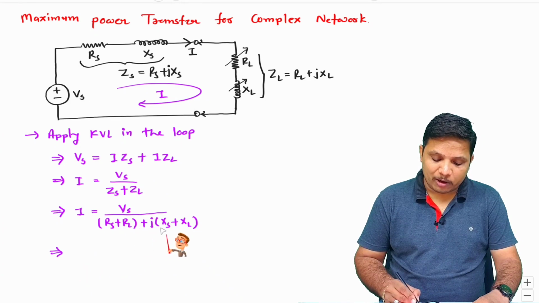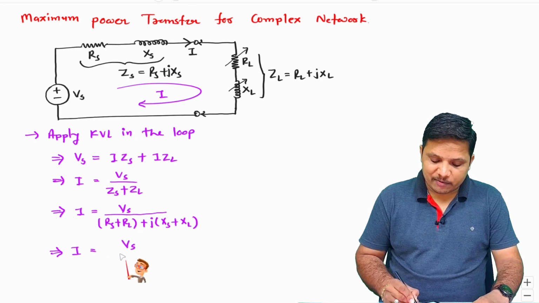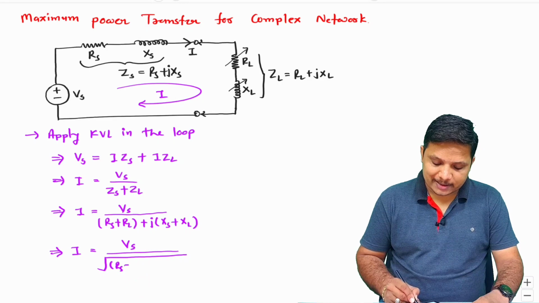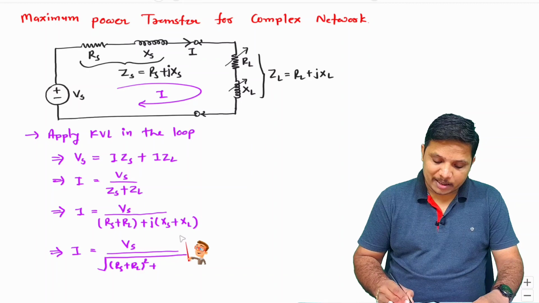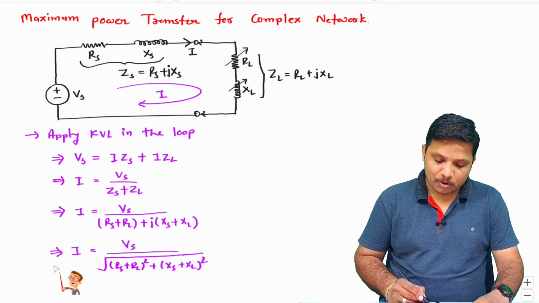I want everything in terms of magnitude, so the magnitude of current I is Vs divided by the square root of (RS plus RL) squared plus (XS plus XL) squared. That is the current we have.